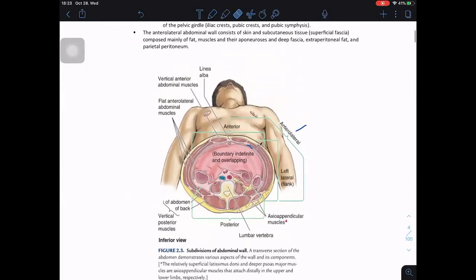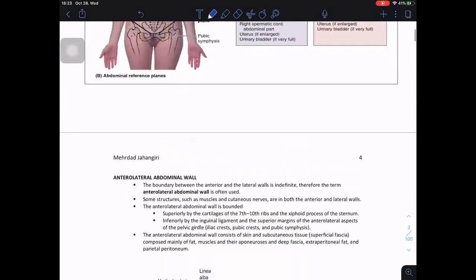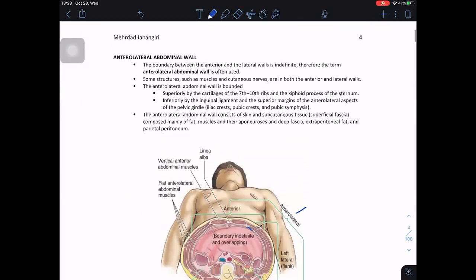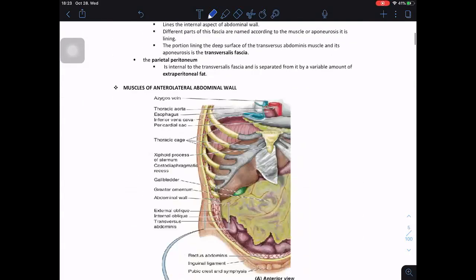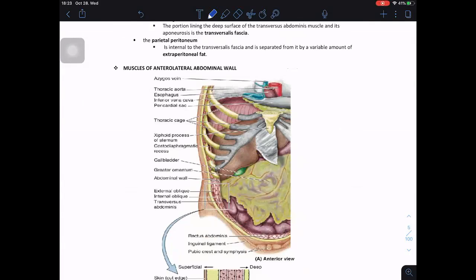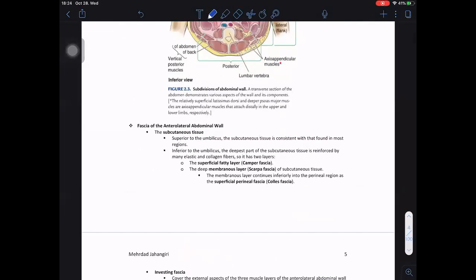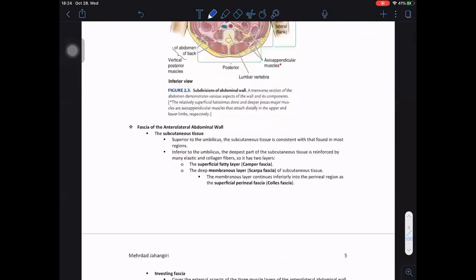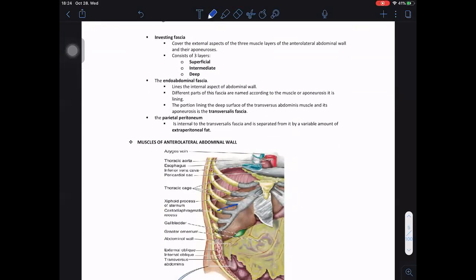Just one more thing to mention is about the attachments of the abdominal wall, or basically about the borders of the anterior abdominal wall. Superiorly, it's bordered by the 7th to 10th costal cartilages, and also the xiphoid process of the sternum.